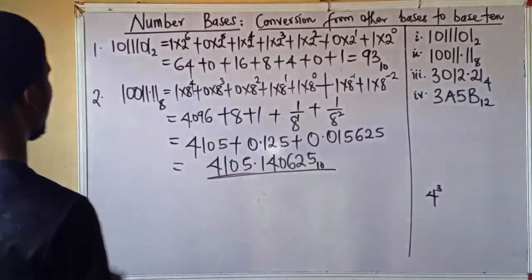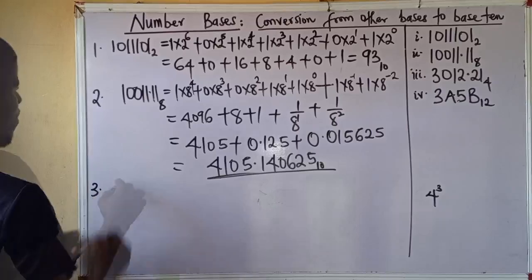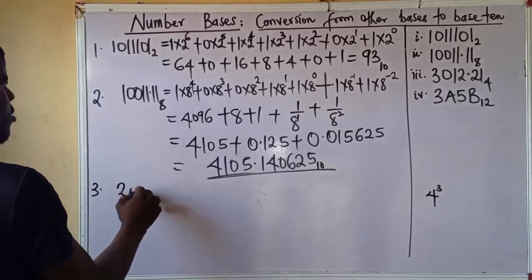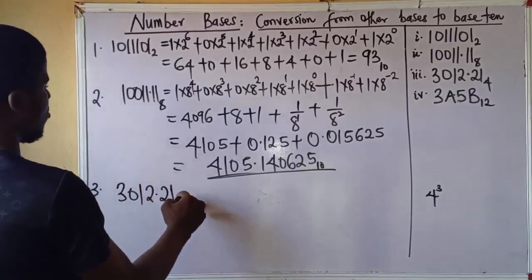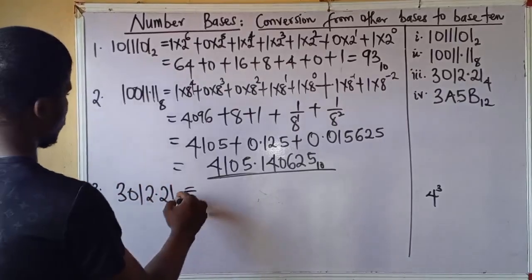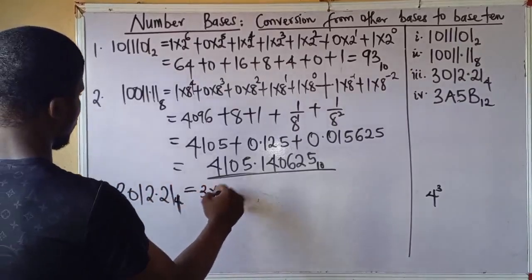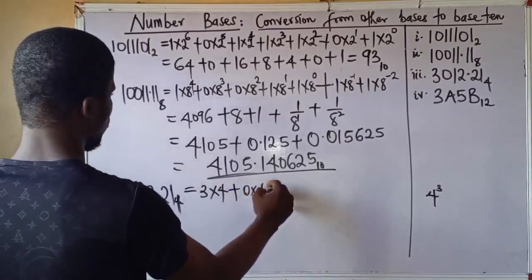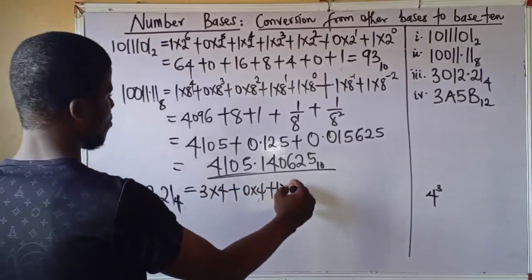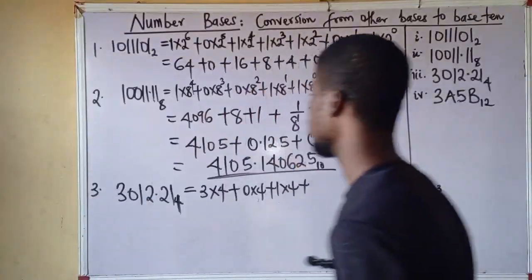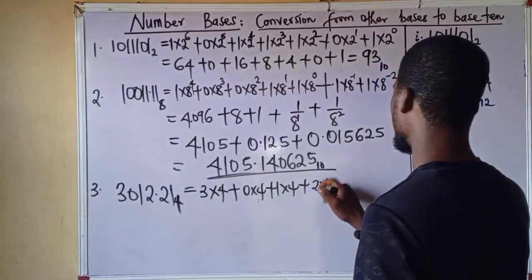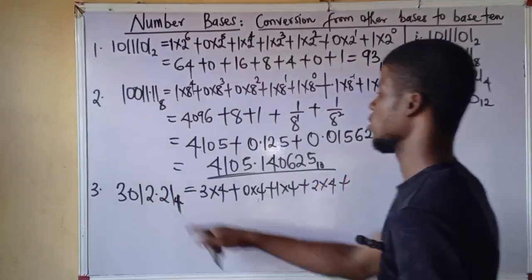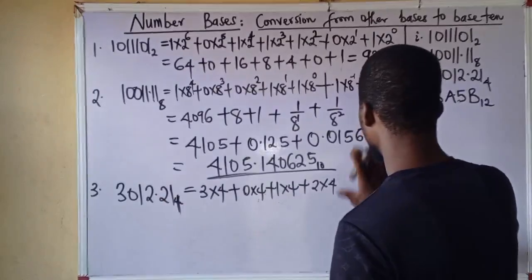Now, in similar fashion, we can solve the third one, question 3. 3012.21 base 4. We simply say 3 times 4, plus 0 times 4, plus 1 times 4, plus 2 times 4, plus 2 times 4 again.